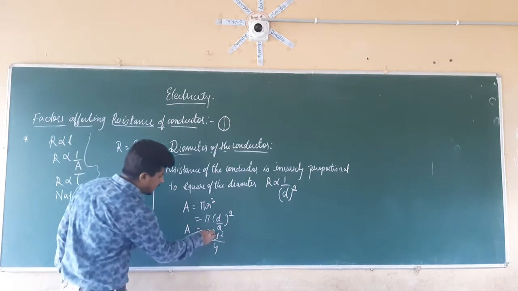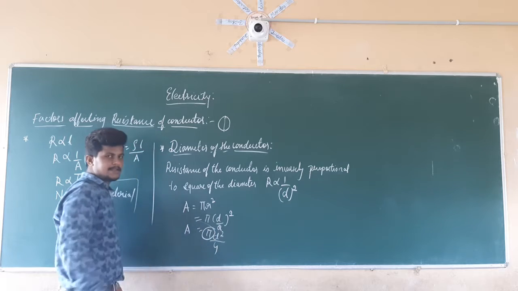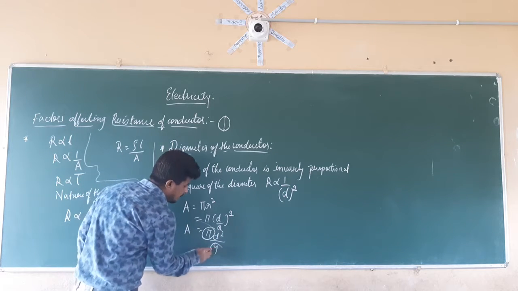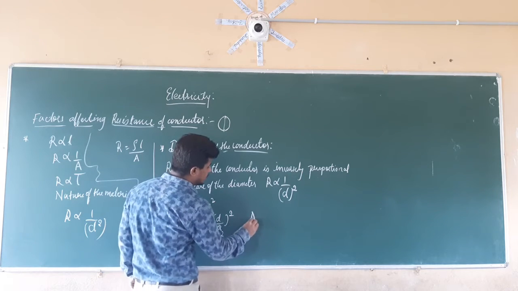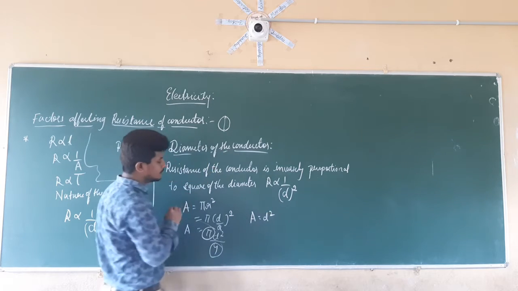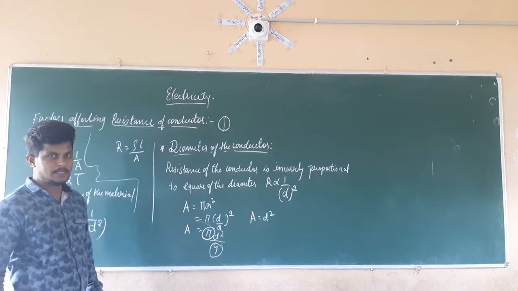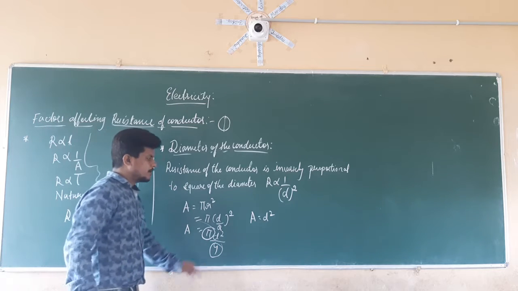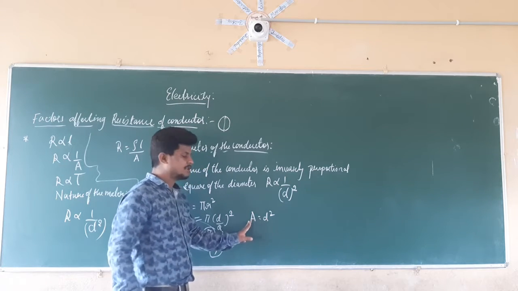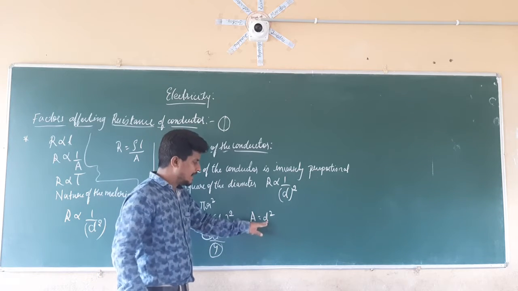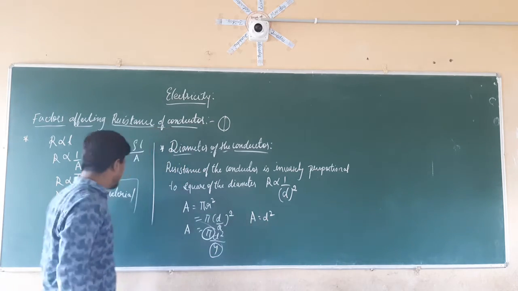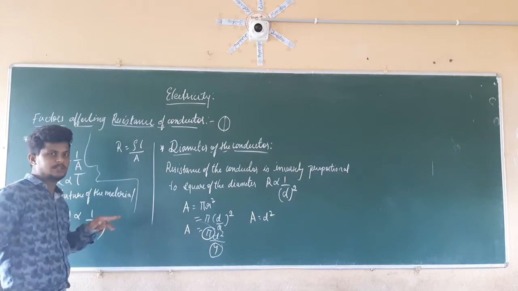So if we take out the constant values, pi is a constant as well as 4 is a constant, therefore, what will become here? A is proportional to d square. Now see here, the area of the cross section is directly proportional to d square. In the same manner, if the diameter is increased, what will happen here? The resistance is going to decrease.